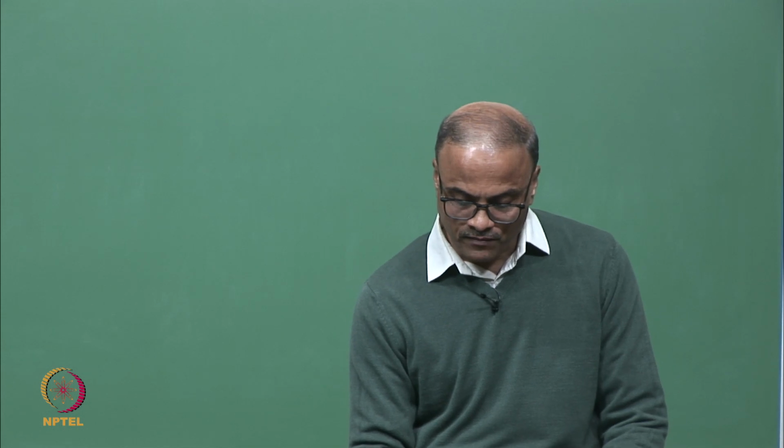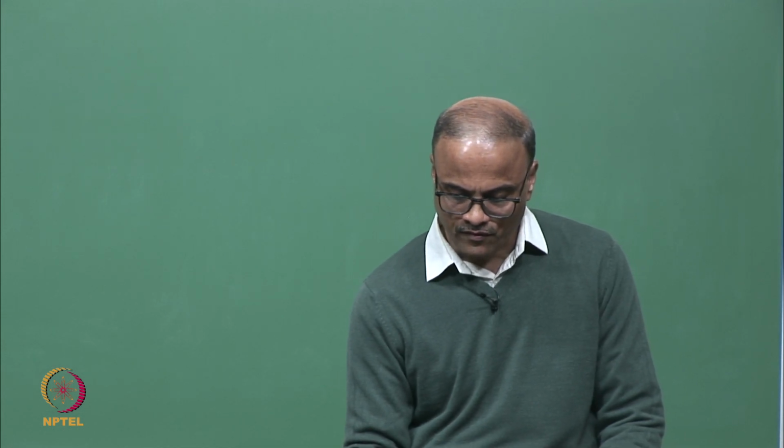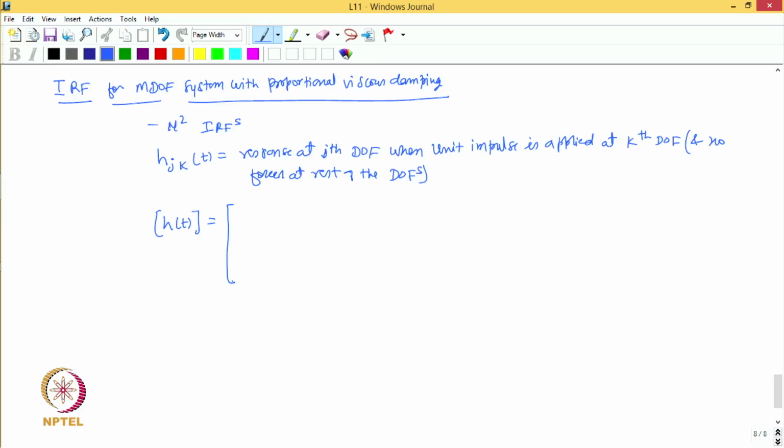So, if there are n degrees of freedom, we have n square IRFs, and we can form a matrix of impulse response functions. We can call this the IRF matrix, and it can be written as H11, H12 going up to H1n, then H21, H22 going up to H2n, and then Hn1, Hn2 going up to Hnn.